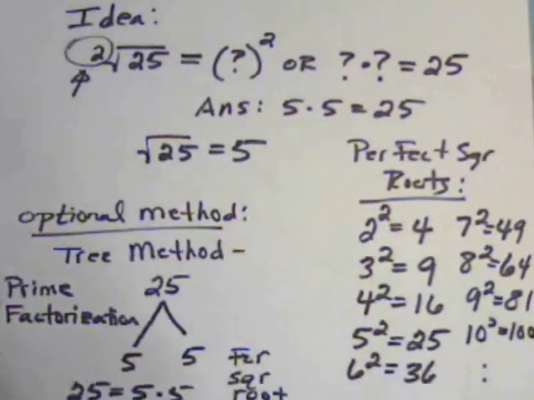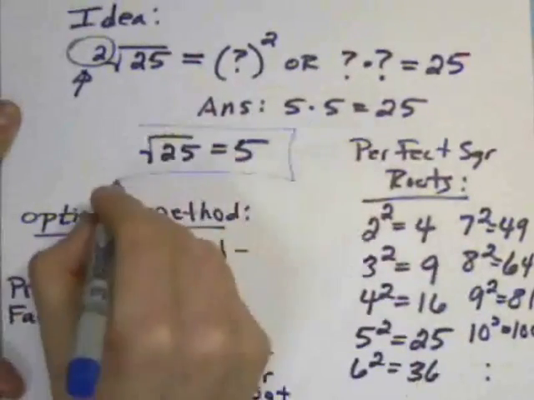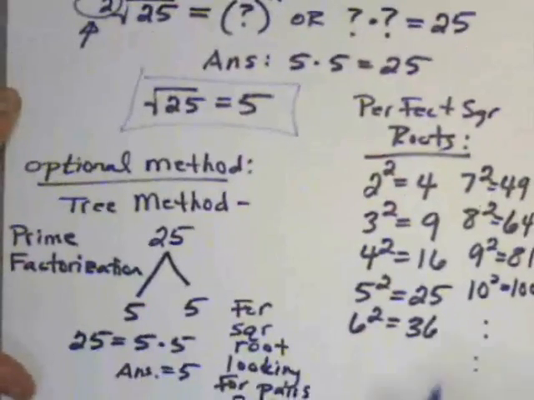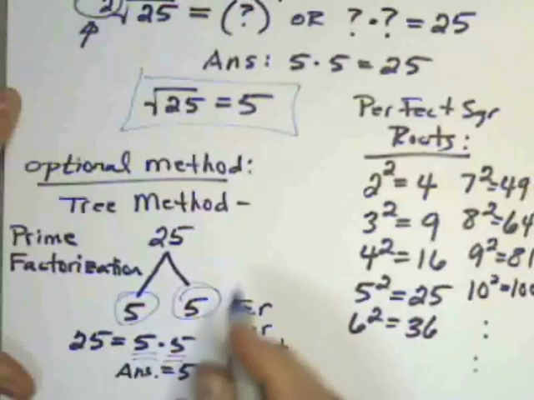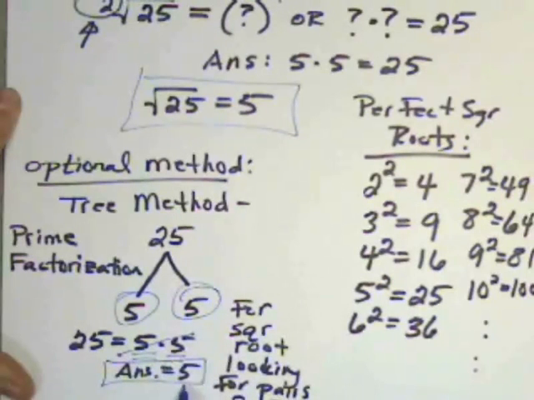So again, you can evaluate these things directly if you already know the perfect square root. Or you can break them into their smallest pieces and look for repeats. And for every 2 times you have the number, you get 1 number that you keep, that you pull out of the square root.